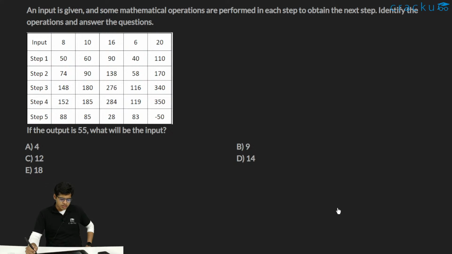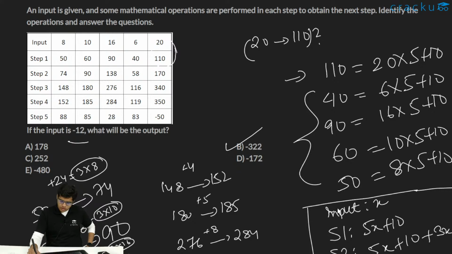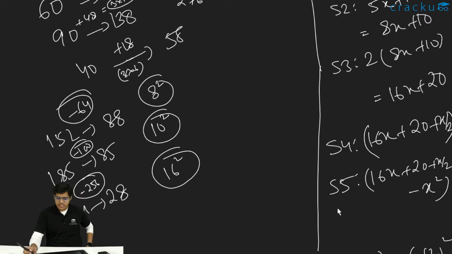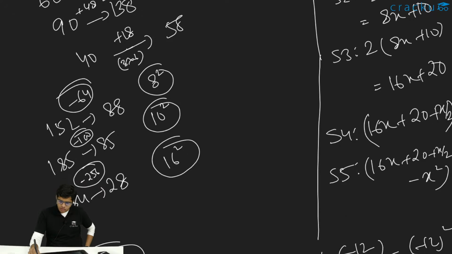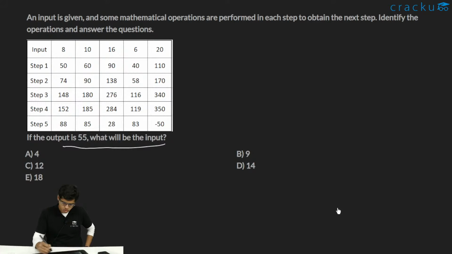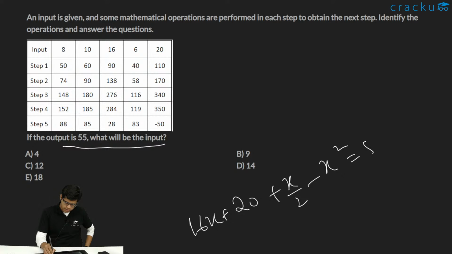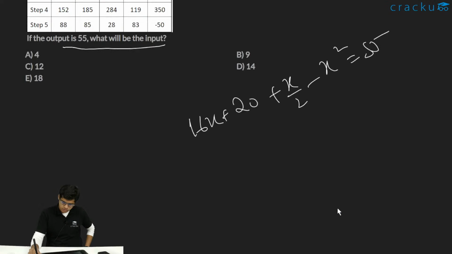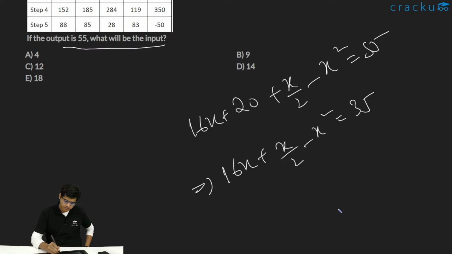And the last question, output is 55. What is the input? So output is what? Output is this: 16x plus 20 plus x by 2 minus x square. So 16x plus 20 plus x by 2 minus x square is 55. Or 16x plus x by 2 minus x square is 35.